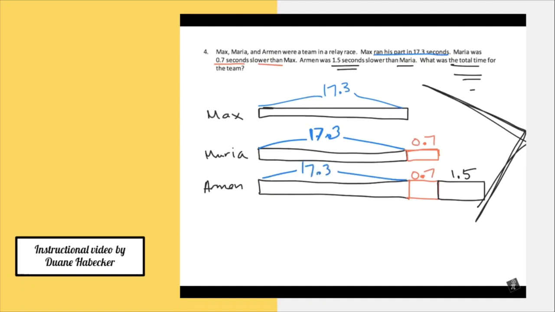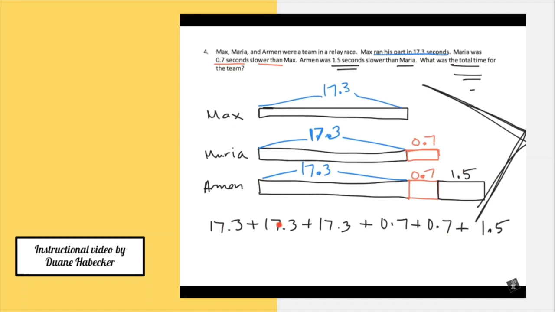So if we need to know the total time, that means we're going to have to find some way, and parents and teachers, I'm going to leave it up to you, but for our students to add 17.3 plus another 17.3, plus another 17.3, that takes care of all of these, plus a 0.7 plus another 0.7, that takes care of these, plus a 1.5, and that takes care of this guy right here.